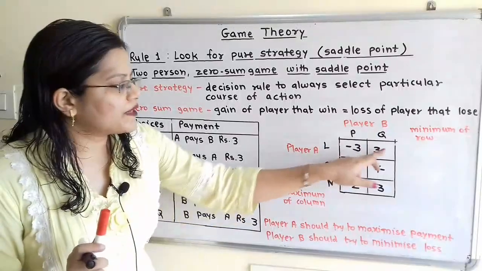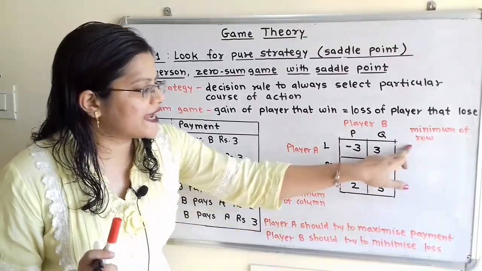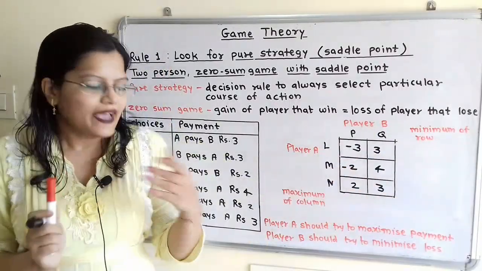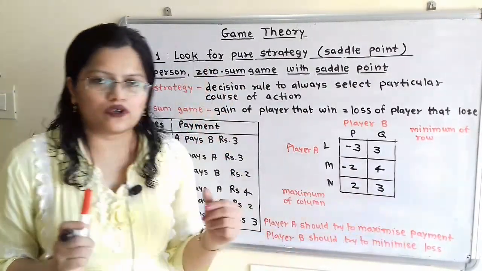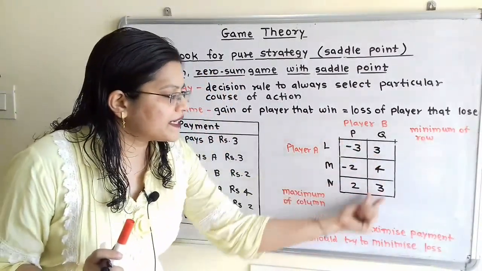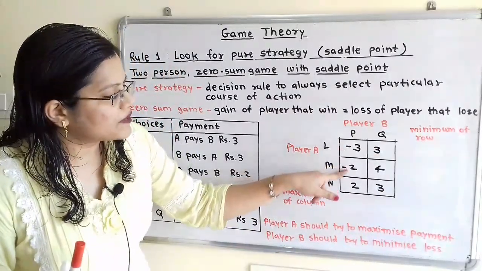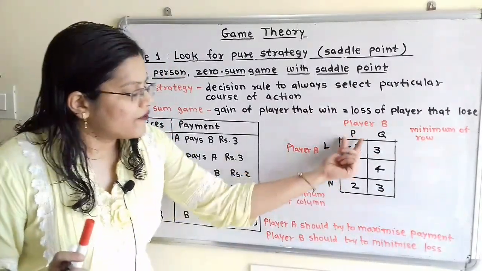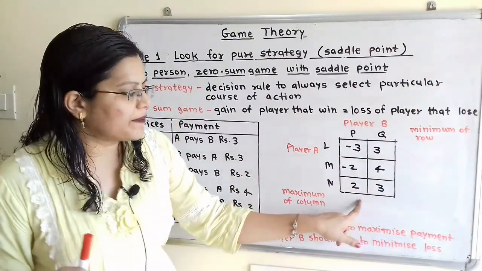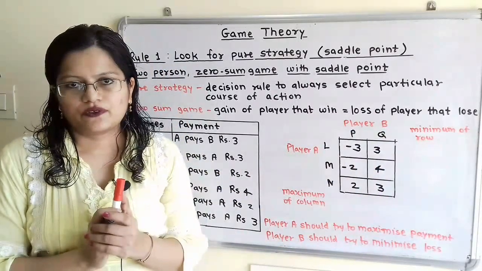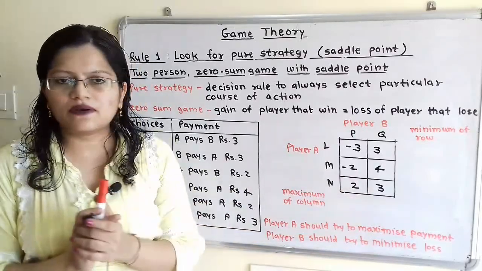That means from each row we have to select the minimum value. And here minimize loss amongst maximum loss. So this column indicates the loss. So from these values, from the first column and second column, we have to choose the maximum value.